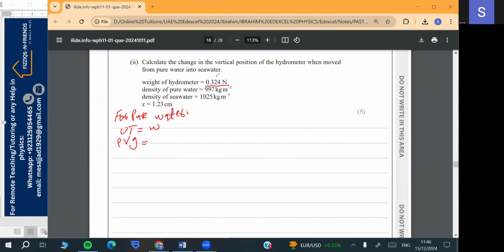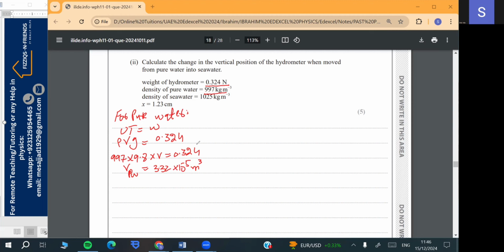The weight of the hydrometer is 0.324. The density of pure water is 997, so 997 times 9.8 times V equals 0.324. From here, the displaced volume of the pure water, I will write PW, is equal to 3.32 times 10 raised to the power minus 5 cubic meters.